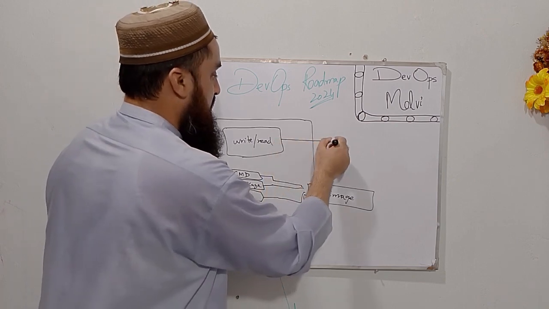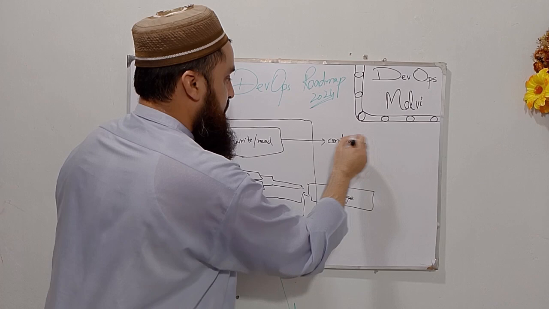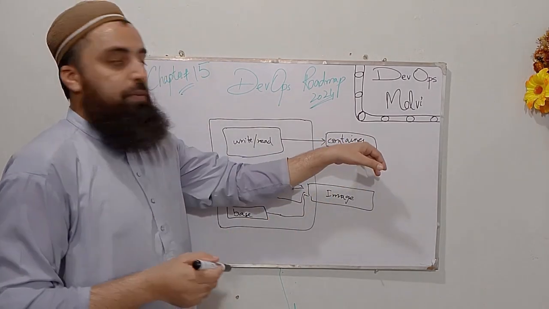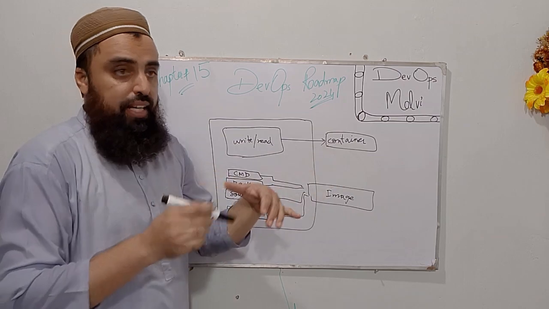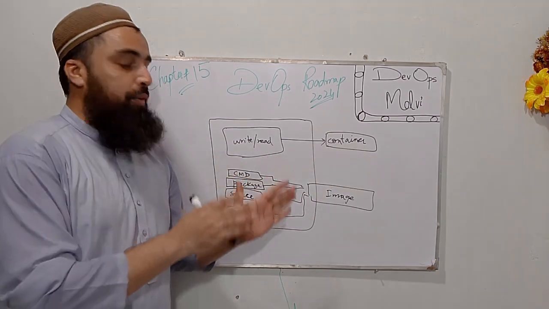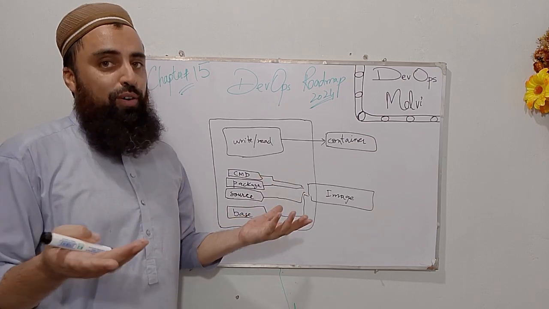So this is a container layer, and it stores the ephemeral data that lasts when the container is running. When I remove the container, the data would be lost, the data would be gone.